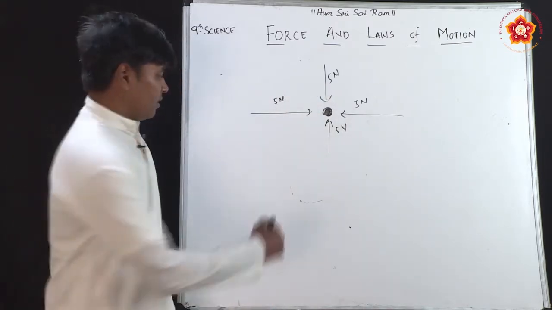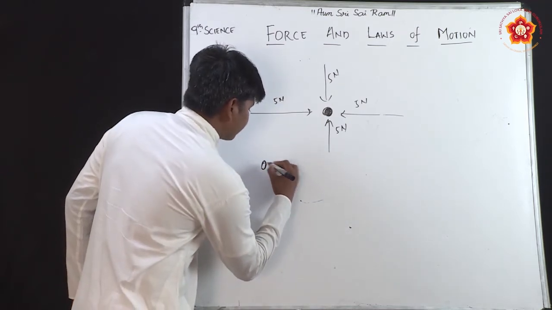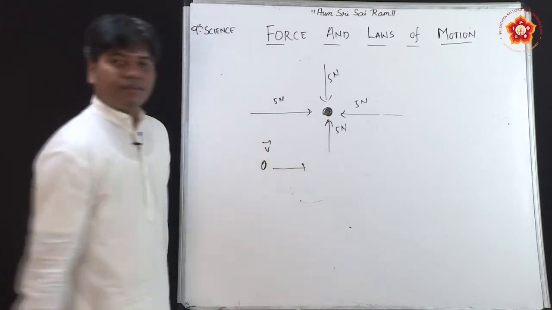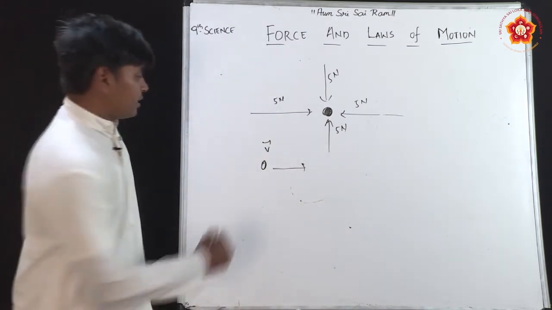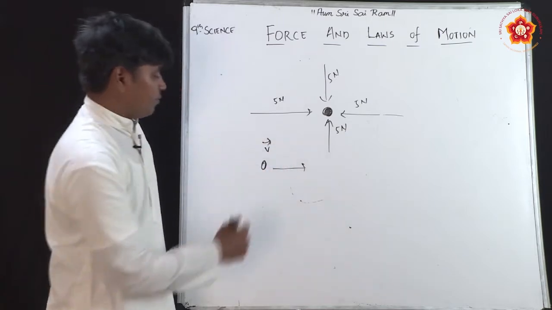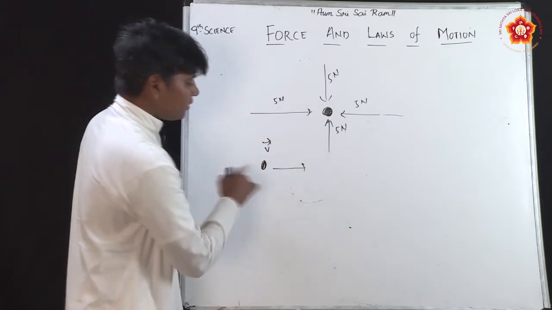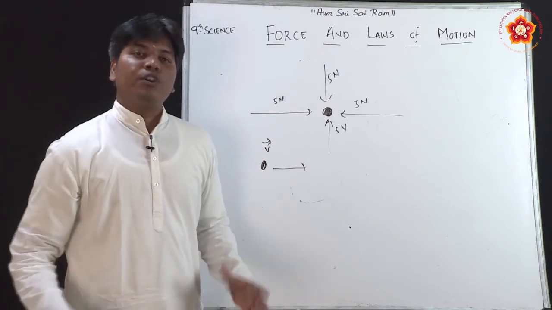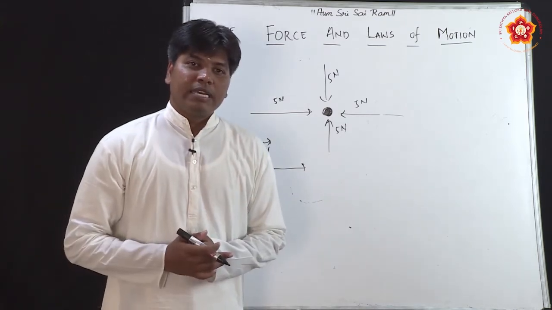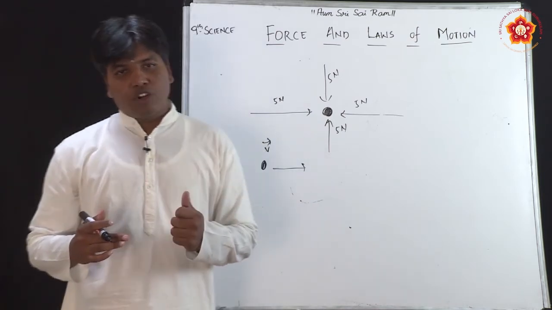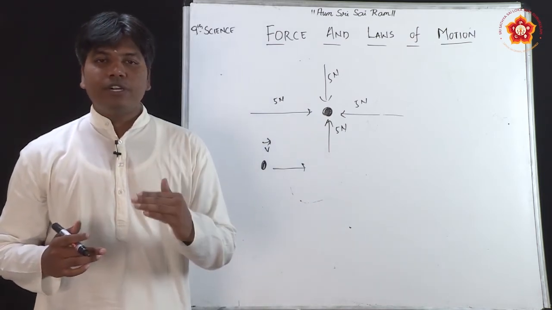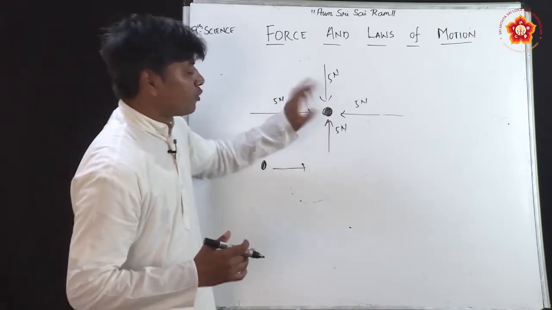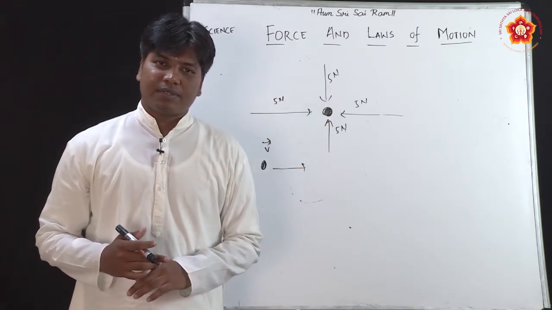Or if a body is moving in space with some velocity v, this is the vector direction, this is the body, it is moving in space with some velocity. What do we define as a force? If a force is acting on a body, that means it should speed up, slow down, or make it be at rest, right?